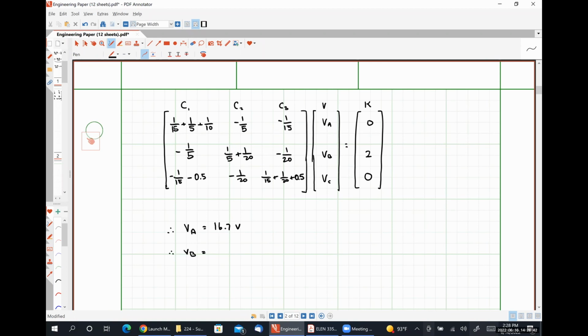The voltage VB comes out to be about 24.8 volts. And the voltage VC comes out to be about 17.4 volts.